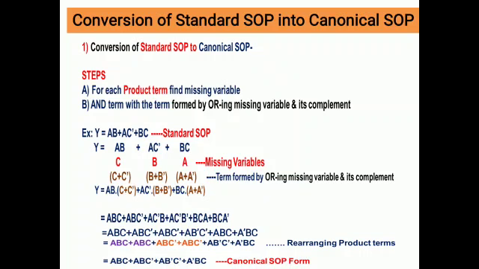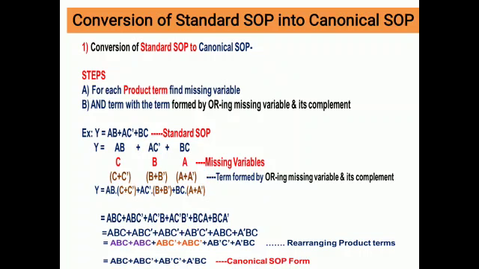The equation is given as y is equal to AB plus AC bar plus BC. Now see here, in each term one variable is missing. In some terms C is present, or B is present, or A is present. The first term has A dot B, so C is absent.